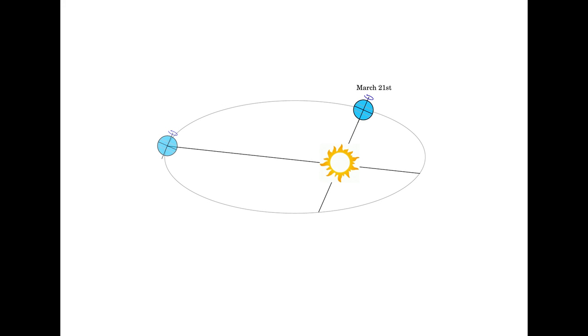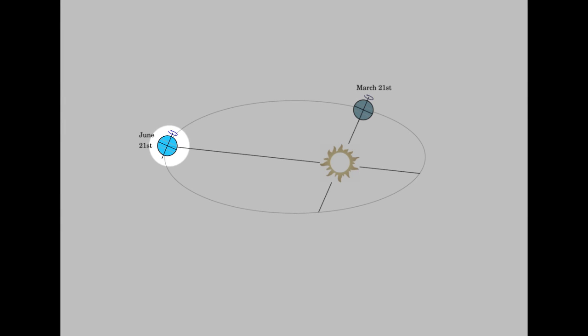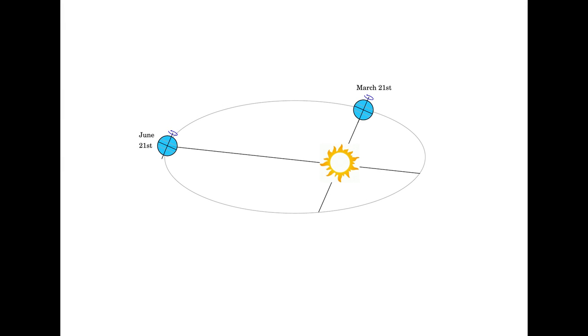And at this position I will mark it by again another picture of the Earth spinning with the same tilted axis, and this occurs on June 21st every year. Progressing further in time, the Earth takes this path and then reaches another important point here, and that occurs every year on September 21st.